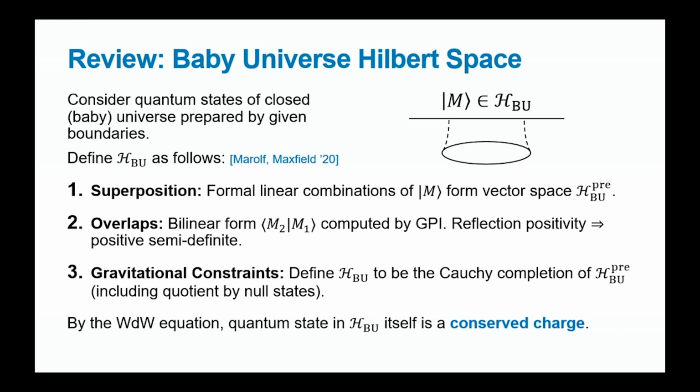But because the Hamiltonian equals 0, and we don't have dynamical time evolution, once you've projected onto a solution to the Wheeler-DeWitt equation, the quantum state is essentially a conserved charge. Yeah. But the Wheeler-DeWitt equation is hyperbolic, so there's generally no positive semi-definite bilinear form on the solution space of that equation.